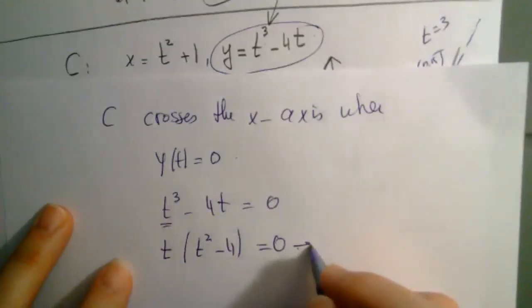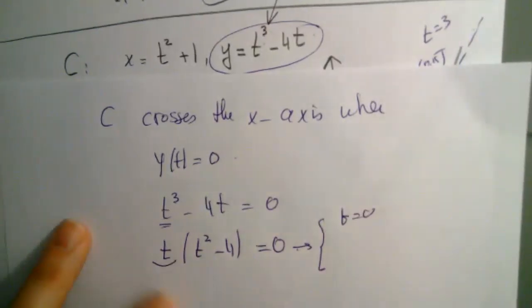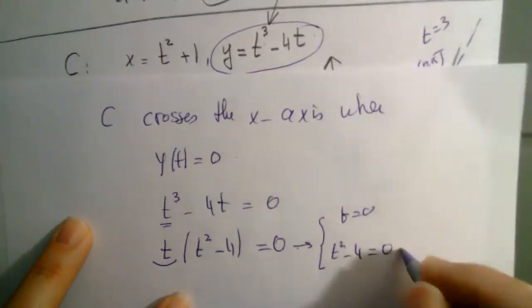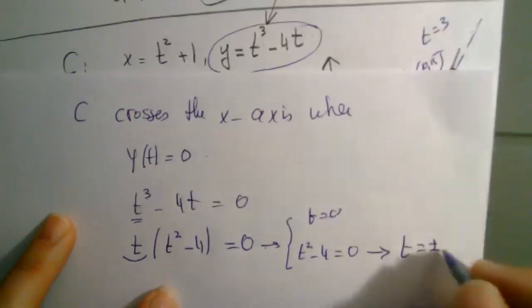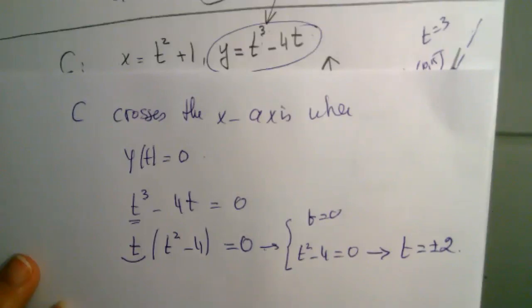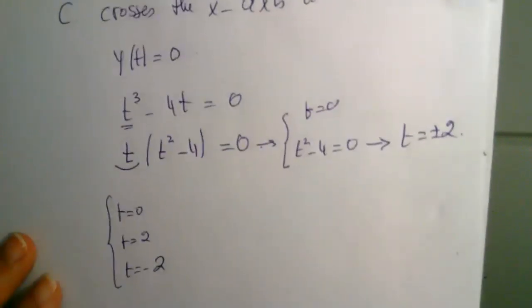This will give me t equal to 0, and t squared minus 4 equal to 0, which gives me t equals plus or minus 2. So the graph crosses the x-axis for t equal to 0, t equal to 2, and t equal to minus 2.